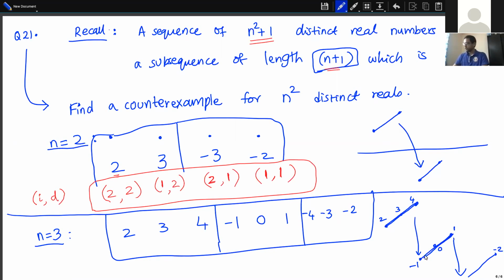There are these 3 fellows, then the next 3 fellows, then the next 3 fellows. So this is maybe the pigeonhole principle again, if you wish, just from the way we constructed it.